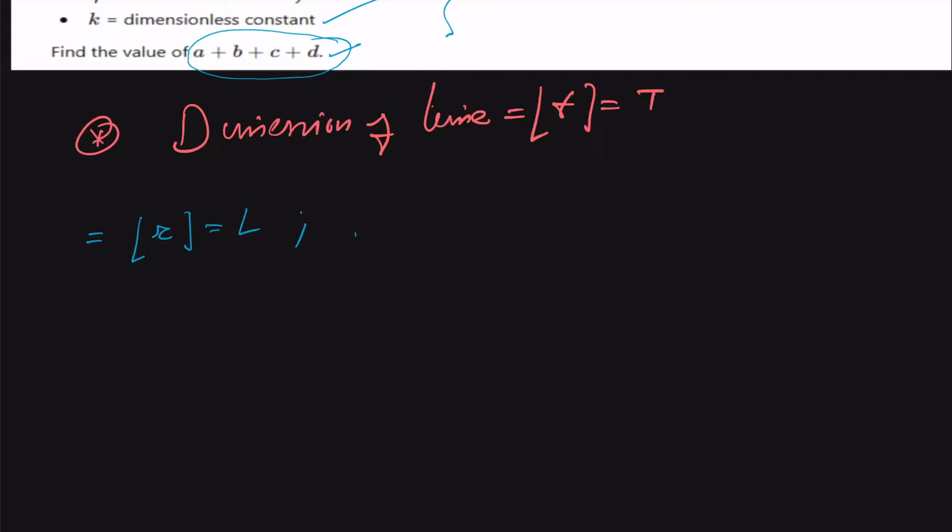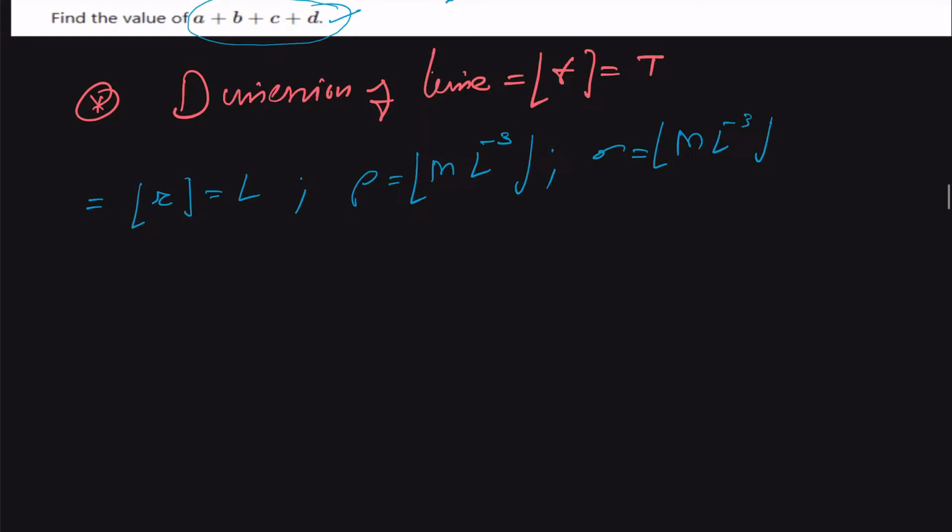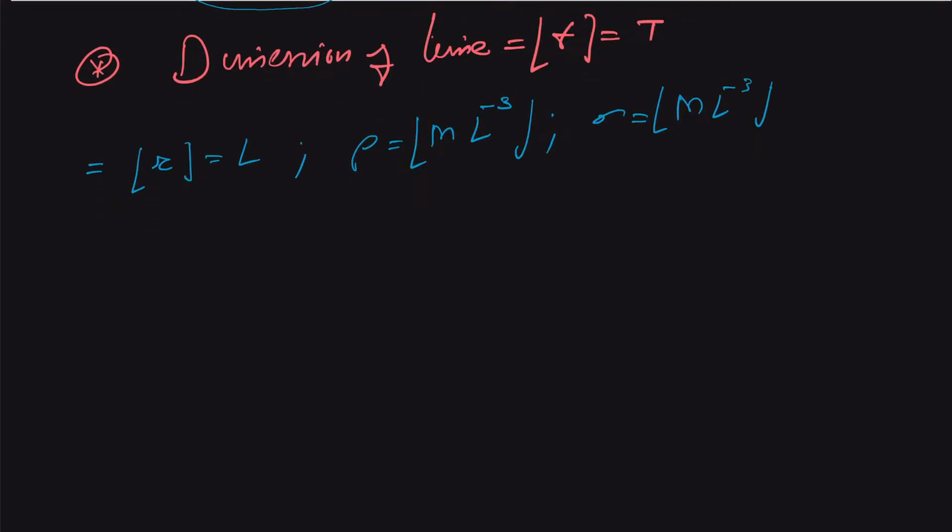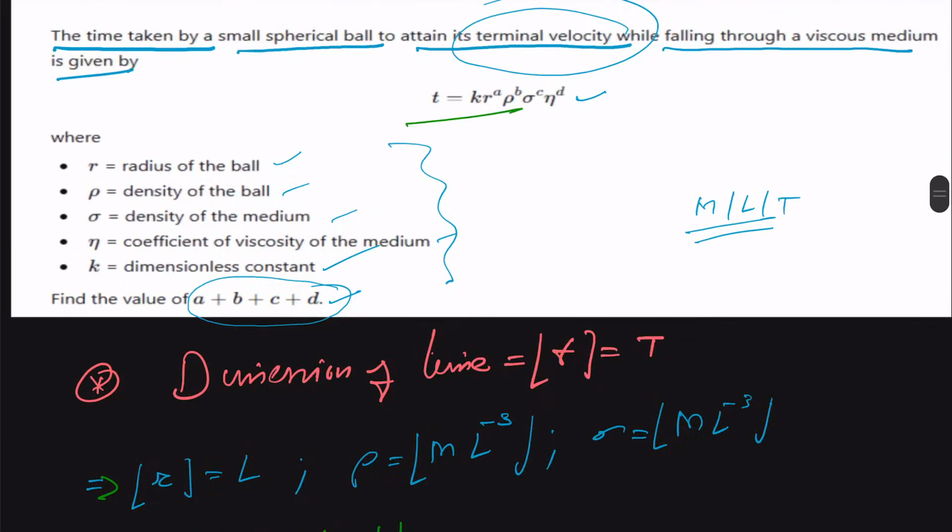Then is the density, which comes as ML minus 3, and the other one is also density, so obviously it is going to remain the same. And then we come to the viscosity constant, and its dimension we should know, that will be equal to nu, and it has a dimension of M L minus 1 T minus 1, and we are going to substitute it in the given equation. That's our standard process.